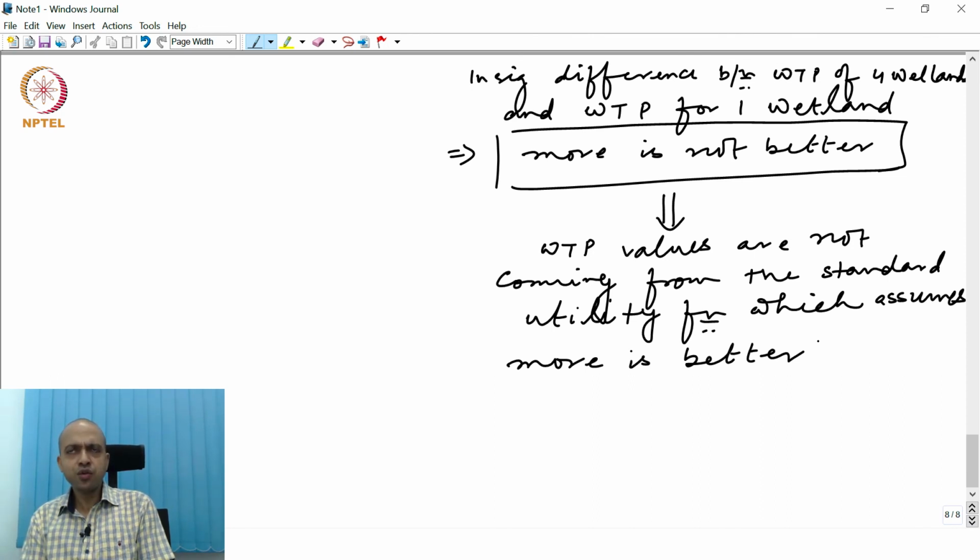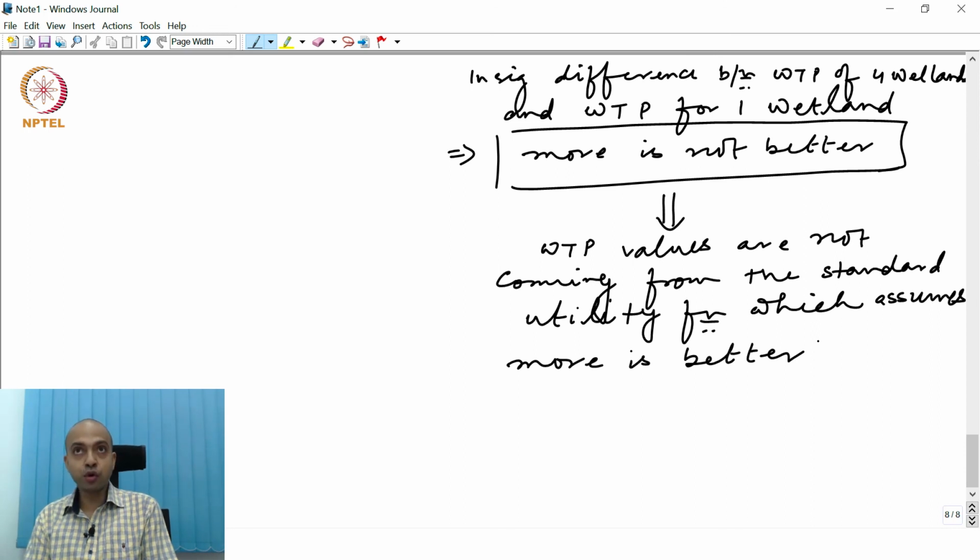Now I ask, what is your willingness to pay for protecting the entire biodiversity of the forest, which consists of many species like deer? Then they say, no, it is 150 rupees only. That means the individual is not able to differentiate a part from the whole. That means individual's willingness to pay for a part is not significantly different from the willingness to pay for a whole. That is why it is also known as part-whole bias, or embeddedness.